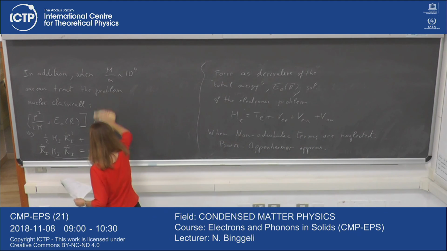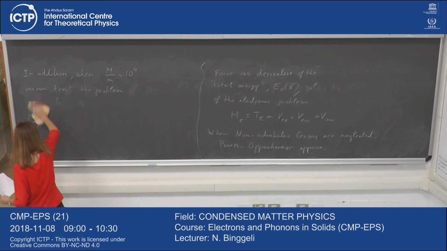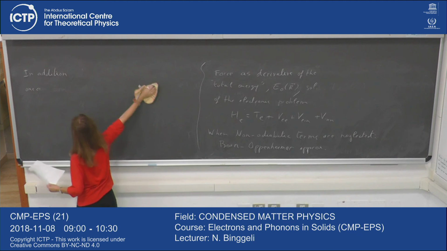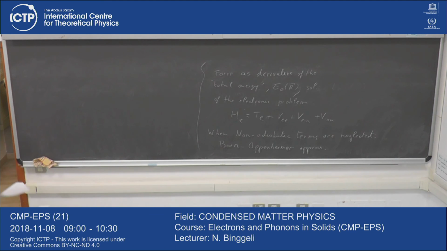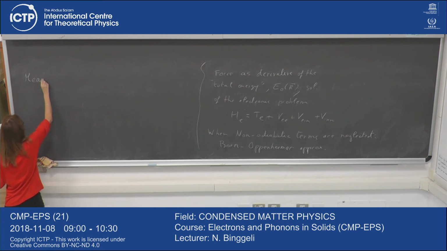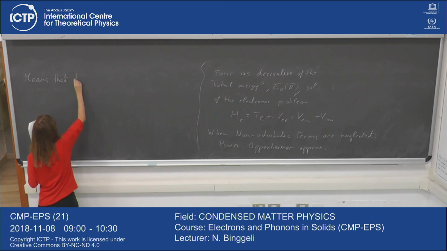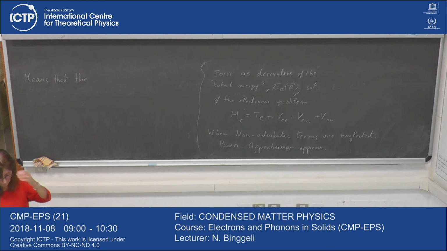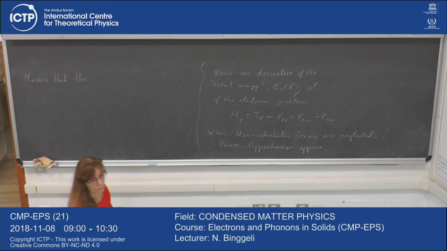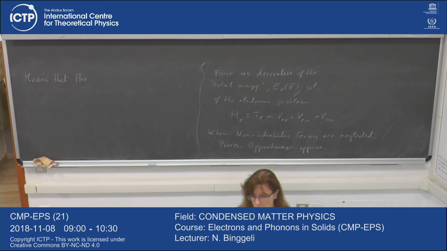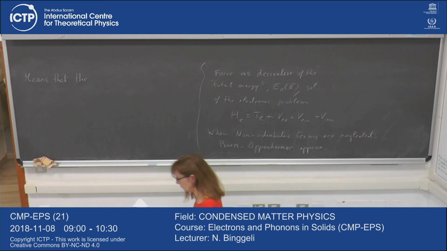Physically, the rationale behind this approach, or the meaning, is that because the nuclei or the ions, depending if one is in a pseudo-potential approach or not, are so massive and therefore so slow with respect to the electron, the electrons have the time to readjust and to be in the ground state when the ion moves.